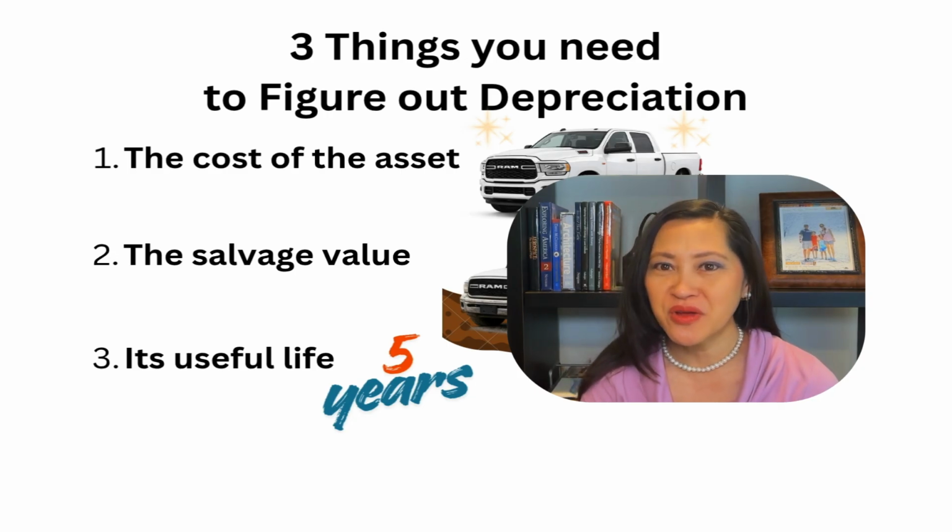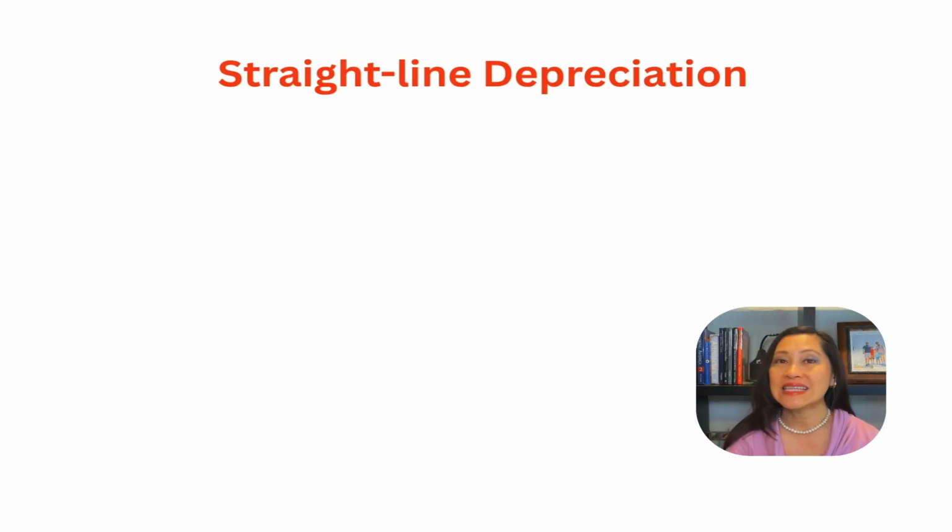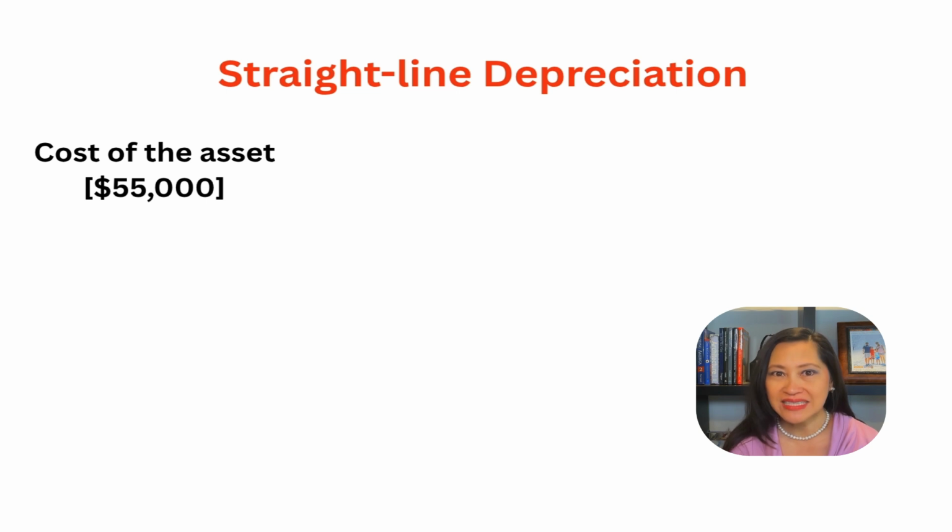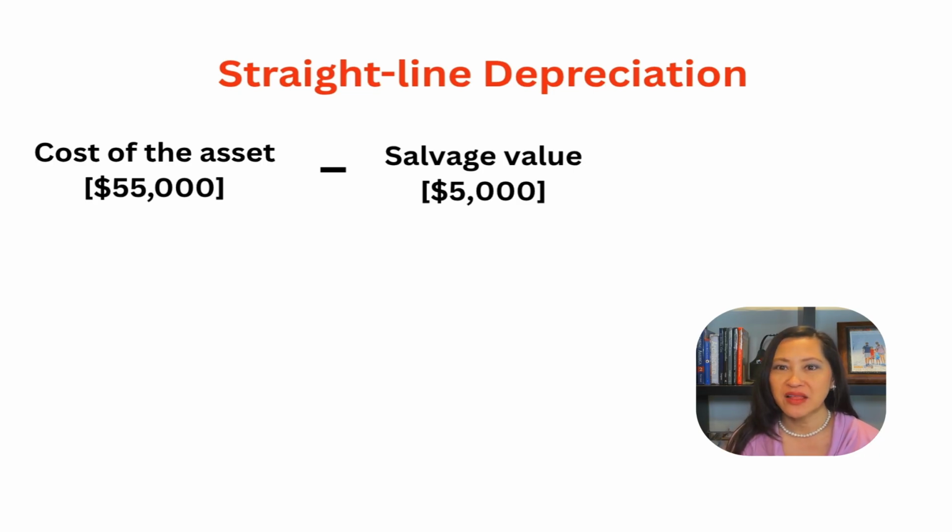Now let's talk about straight line depreciation. It is the easiest way to spread out the cost of something over time. Let's break it down step by step. First, we start with the cost of the asset. In this example, that's $55,000. Next, subtract the salvage value, what you think it'll be worth at the end. Let's say that's $5,000.